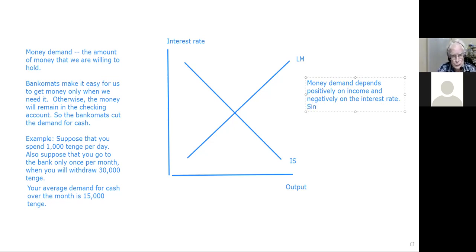Money supply is given, so along the LM schedule money supply is a constant. And therefore, for the money market to be in equilibrium, money demand must be a constant as well. That means that when income rises, the interest rate also must rise, or we will have a change in money demand.